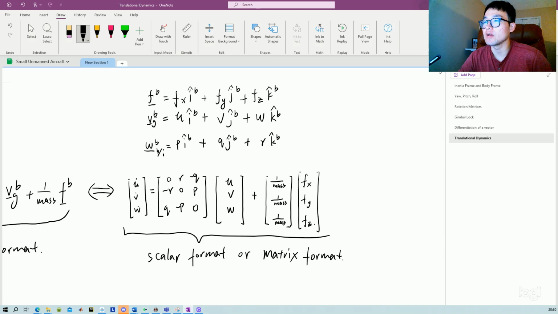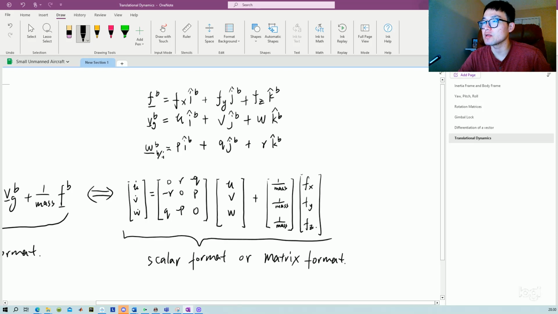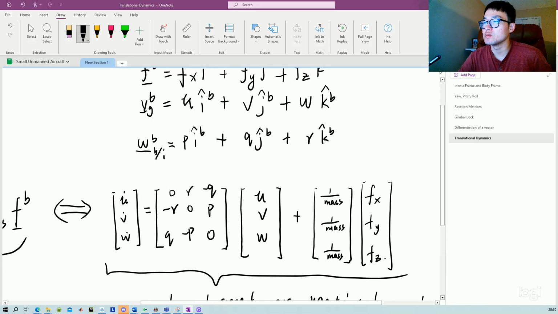Then this is the velocity vector with respect to the ground in the body frame, and then this is the angular rotation speed. It can be decomposed into those three directions as well. And again, this is the relative rotation of the body frame against the inertia frame expressed in the body frame.